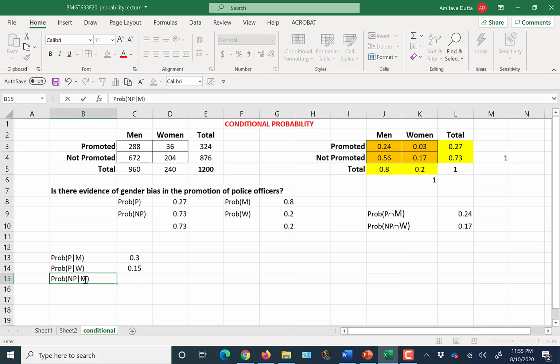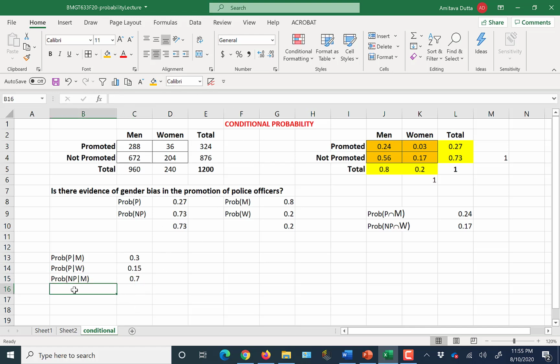Out of those 960, 672 did not get promoted. So the probability of not being promoted given that the officer is a male is equal to 672 divided by 960, which is 0.7.